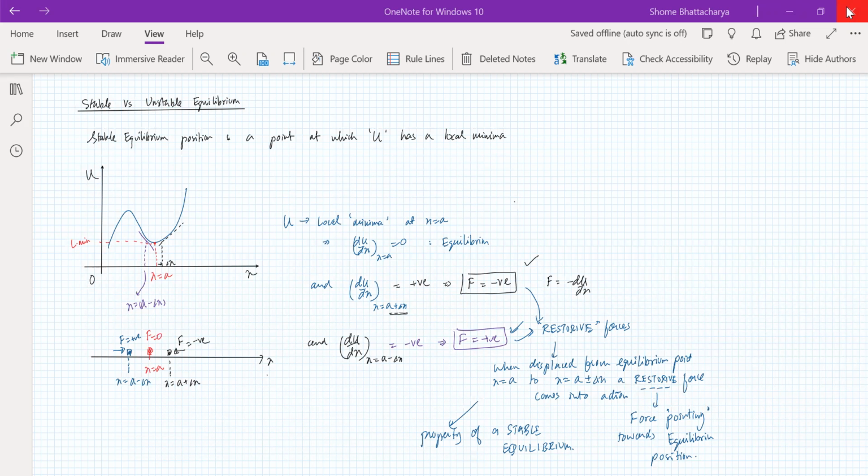So that means these are non-restorative forces. They tend to take the system away from the equilibrium point. So the equilibrium point is not stable because even given a slight displacement, the system will move away from the equilibrium point. So we'll see that is a property of the local maxima type of point for the potential energy graph.